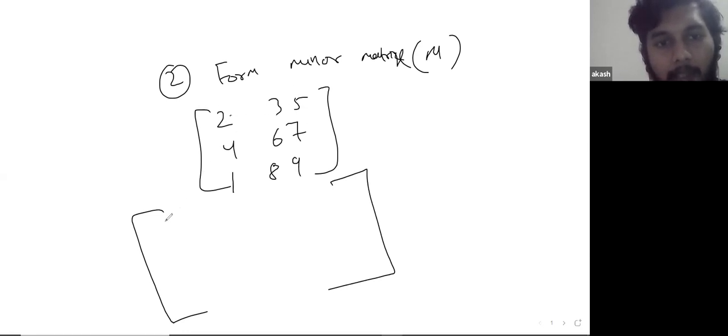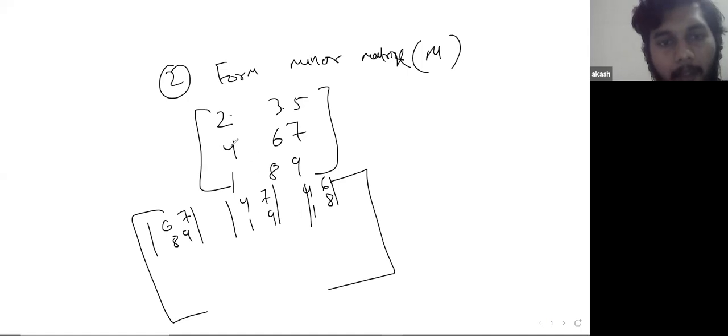The minor of 2 is the determinant of 6, 7, 8, 9. The minor of 3 is the determinant of 4, 7, 1, 9. The minor of 5 is the determinant of 4, 6, 1, 8. The minor of 4 is 3, 5, 8, 9. I know this is very lengthy, yet we have to do this.